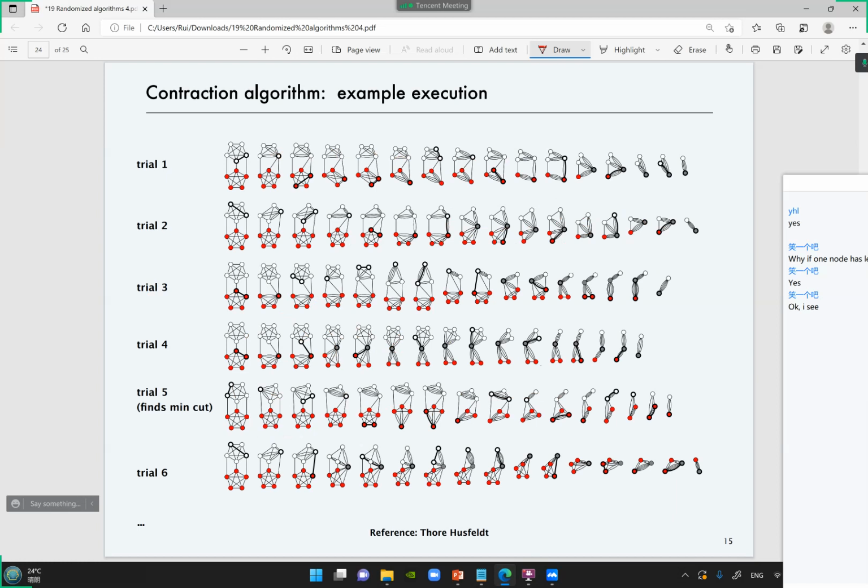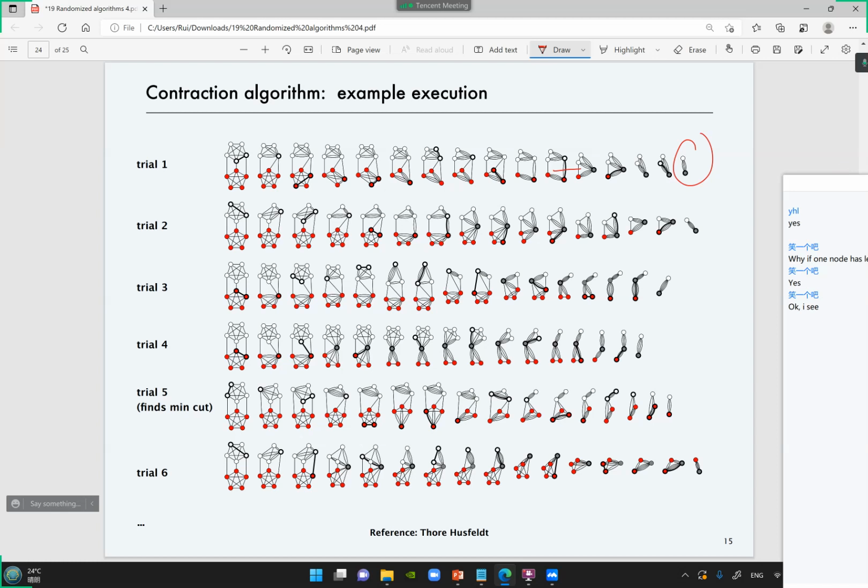Actually, there's this little picture over here which shows how this new algorithm works. We're just going to run this algorithm many times. Here the min cut is size 3. It could be that the first time you run this, you get this as your outcome, which is a cut of size 4, because in one of these steps you cut one of the min cut edges.